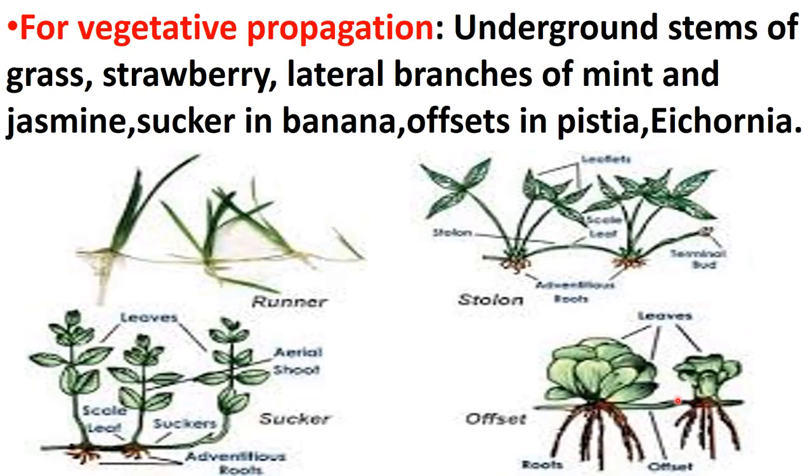You know, in the stem, nodes and internodes are present, so the internode grows horizontally, and from the node part it gives rise to a new tuft of leaves. This tuft of leaves is pistia. Like this it is growing, helping in vegetative propagation. So different types of stems like runner, stolon, offset and sucker are helping in vegetative propagation.